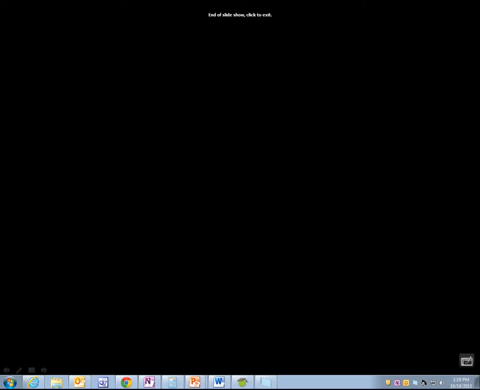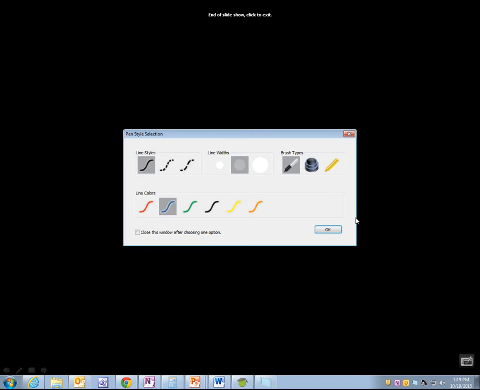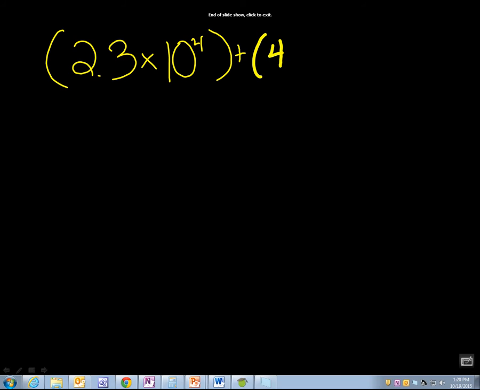All right, we are going to do number 1 on the front side together, as indicated by having the hole punches on the left side. So we have 2.3 times 10 to the fourth, in parentheses, plus 4.16 times 10 to the seventh.